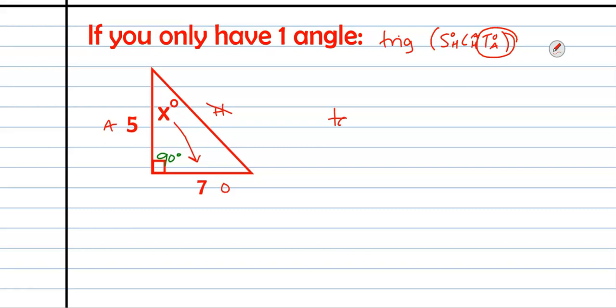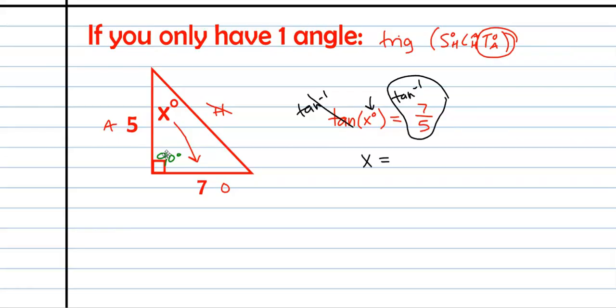I'm going to set it up as tangent of x degrees is equal to opposite 7 over adjacent 5. And anytime you're trying to get something out of a sine, cosine, or tangent, that x is stuck on the inside, so division doesn't work. What we have to do is take the inverse tangent of both sides.